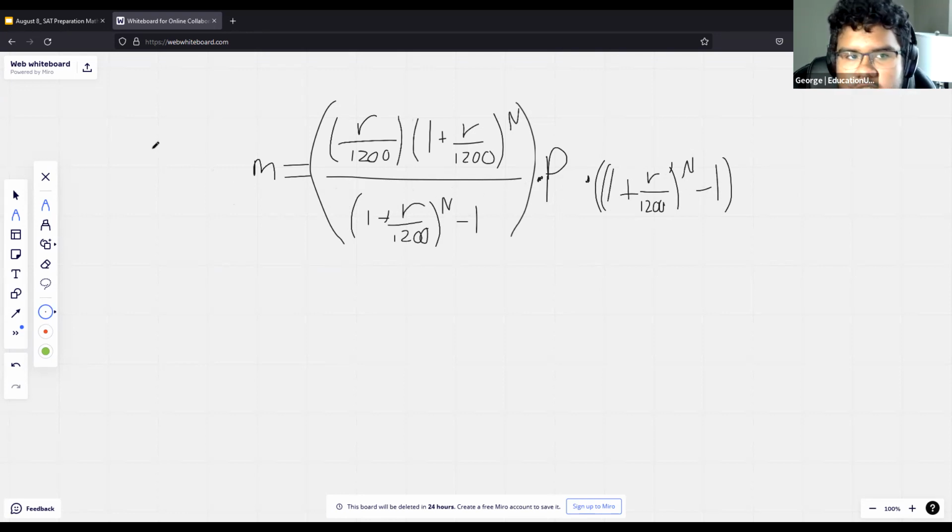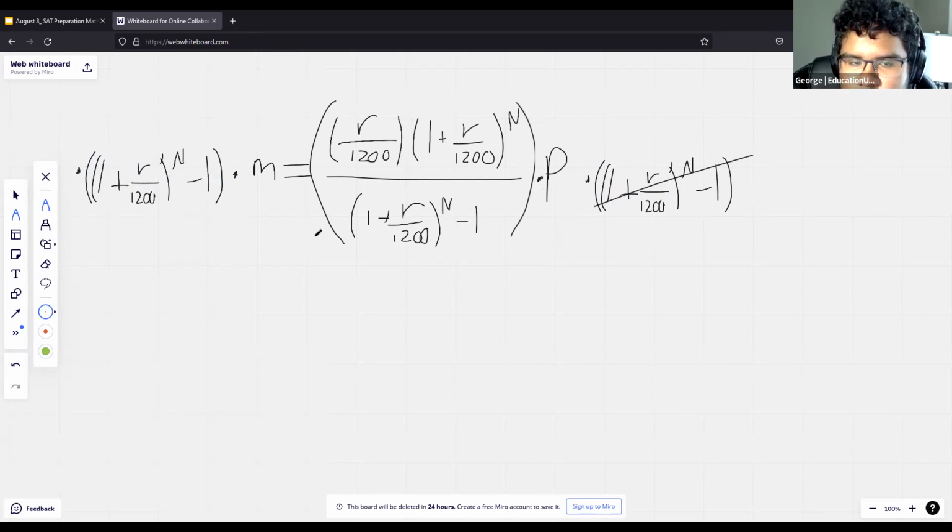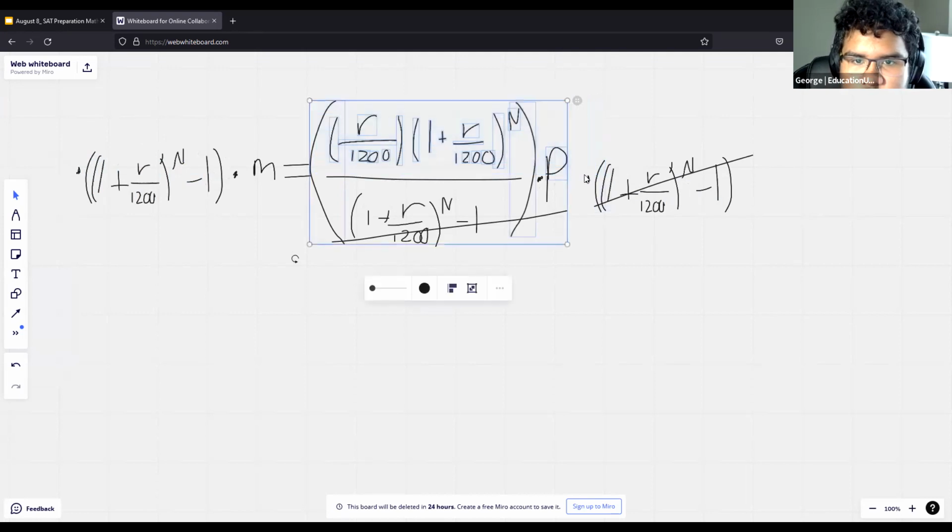By multiplying both sides by this, on the right side this multiplication and this division cancel out. So you're left with just the top half of the fraction times P. And on the left side, you have M times whatever was on the bottom.